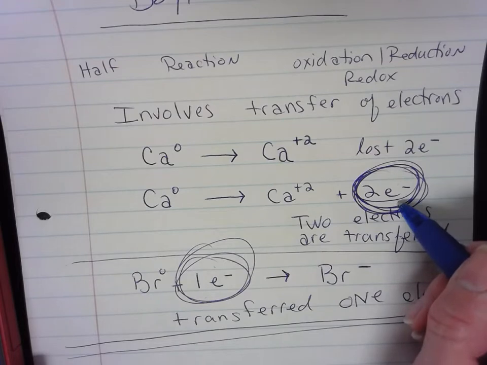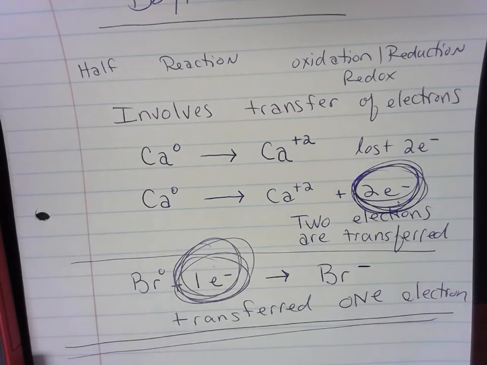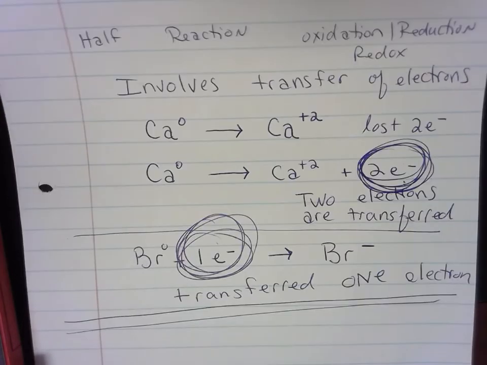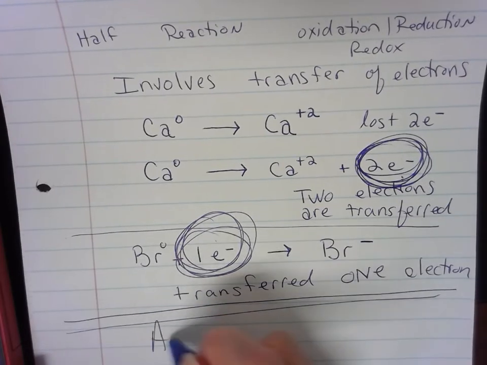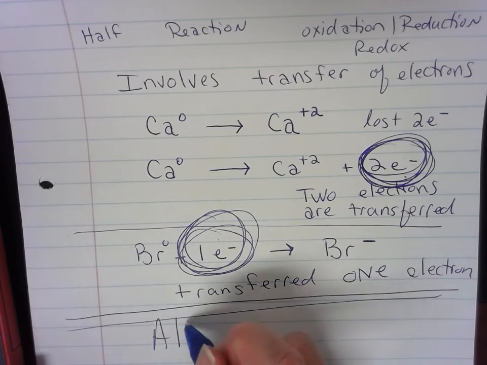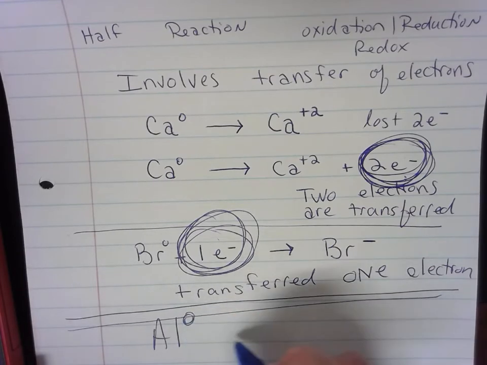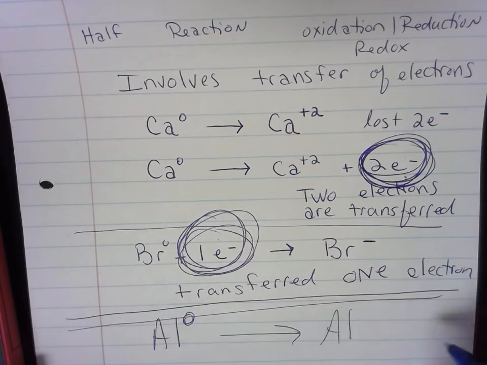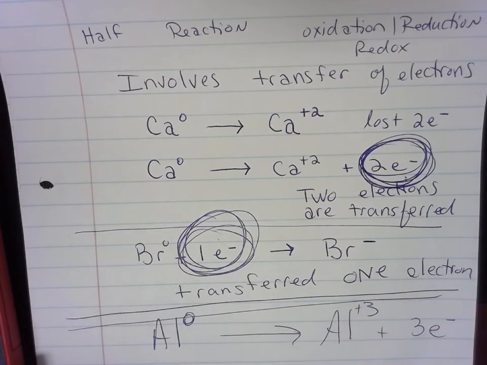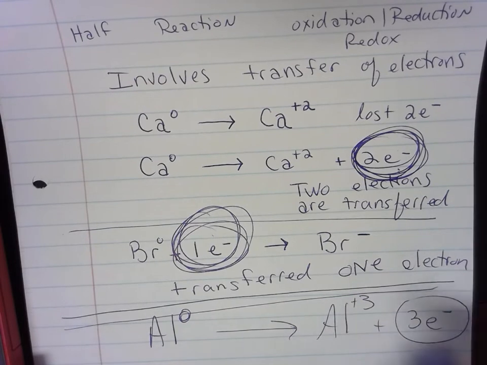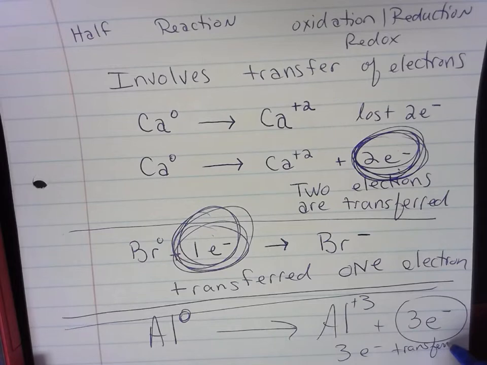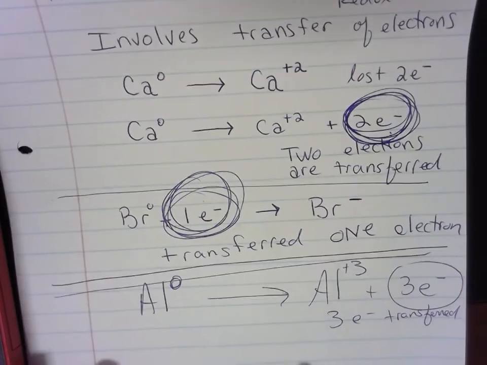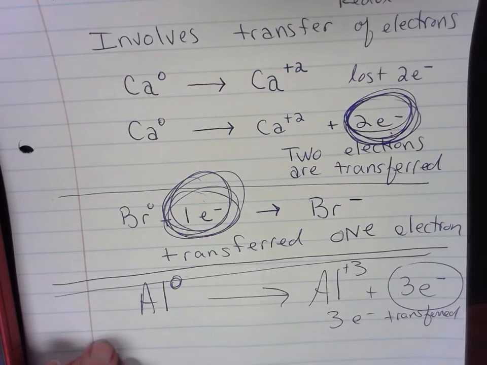In this case, you've transferred 1. Okay? And you might see something like aluminum with a 0 charge going to aluminum with a +3 charge, and then you got 3 electrons that were transferred. Okay, so 3 electrons transferred to something else. That's all that means.